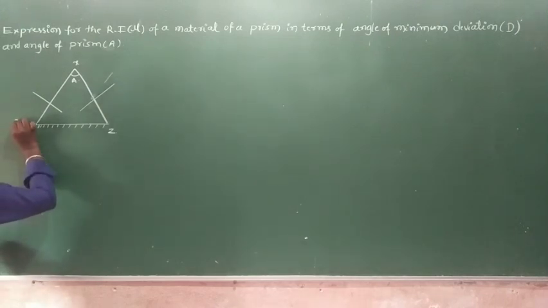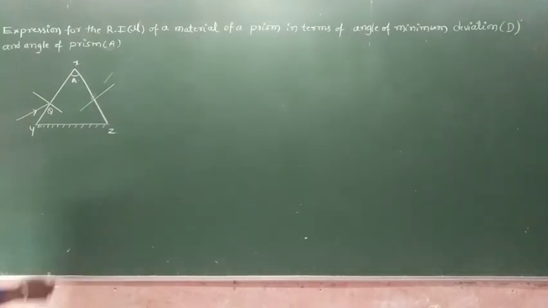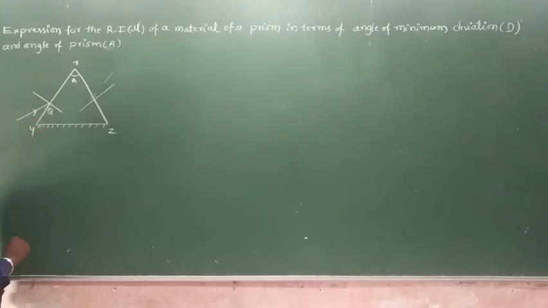This one is the incident ray, incident on the first surface at a point we consider Q.